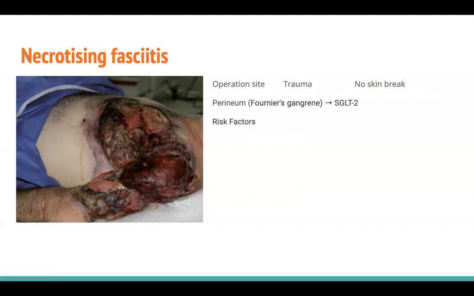Different risk factors, I've talked about them before, but diabetics are greatly at risk of developing necrotizing fasciitis. If you're immunosuppressed, then much like diabetics, you're more likely to be affected by those bacteria. And if you're an IVDU, it's important to monitor a patient that you think might be developing or could have necrotizing fasciitis.